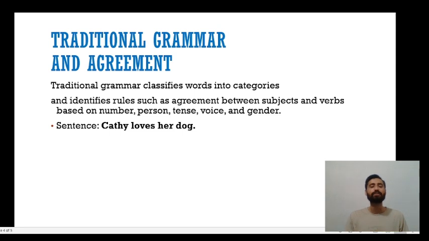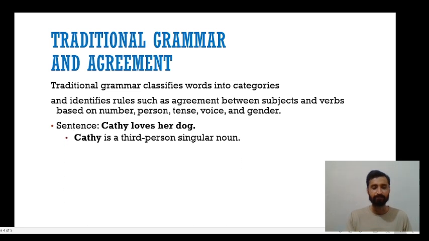Now let's try to explain it with the help of an example. Kathy loves her dog. The question is, why have we added s with the verb? The first one is Kathy. It's a noun, but while analyzing it in depth, we get to know that this is a third person singular noun.